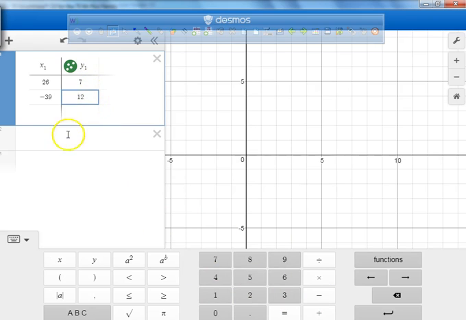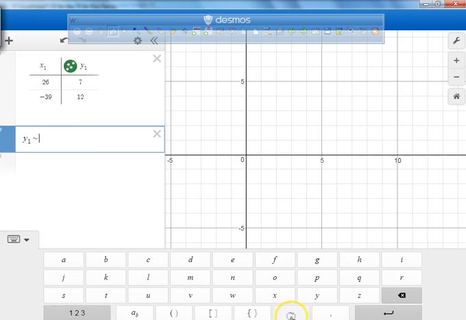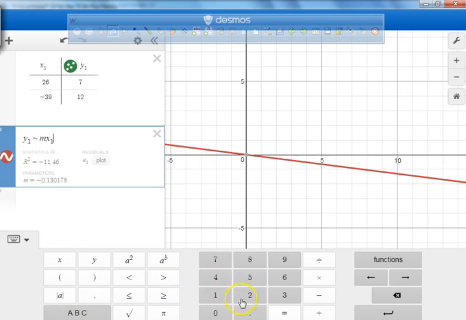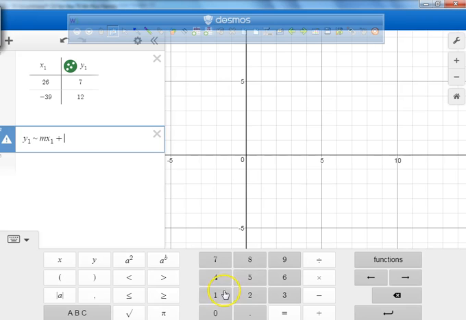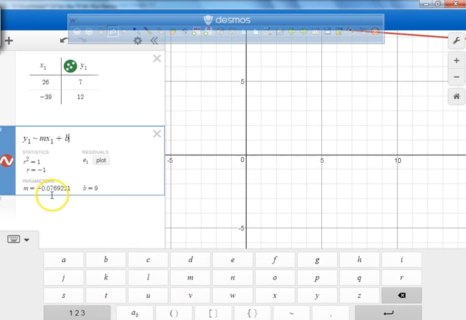Now, in order for this to work, you have to remember this. y1 squiggly line m x1 plus b. We have to find b. Where is it? Right there. See that ridiculous decimal? So you have to be able to use your calculator to check which one it is. That gives you your slope and your y-intercept. Then you can go back up here and switch these numbers around.